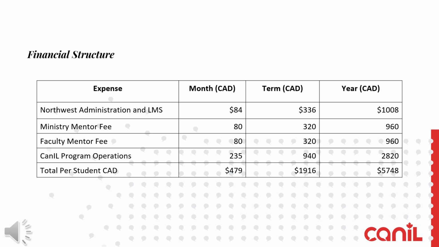And then some of this recycles back to CanIL in terms of our operations to keep everything going and the lights on, etc. That's $2,820. It's a monthly fee, but it's paid by term, and you can see the annual cost there as well.